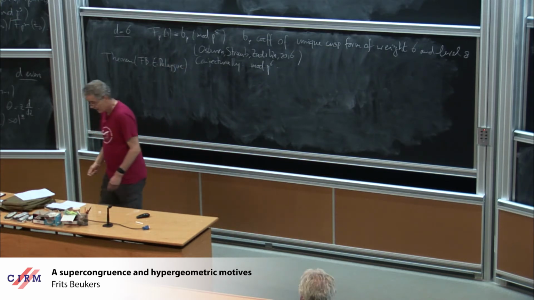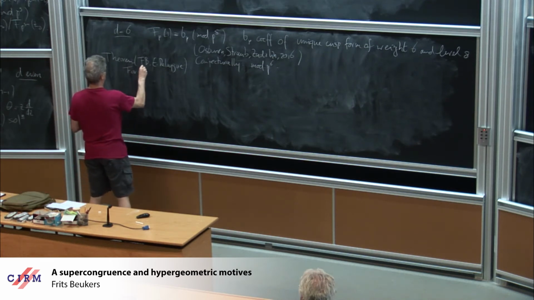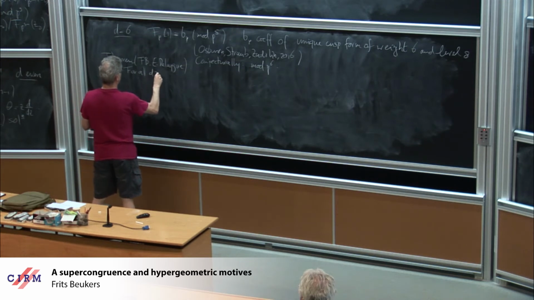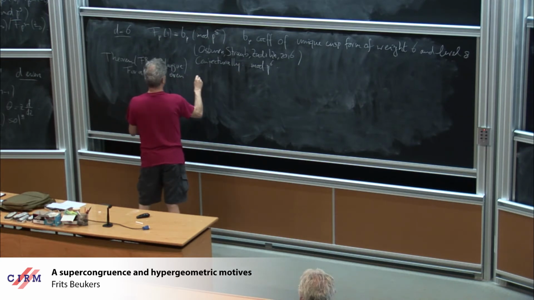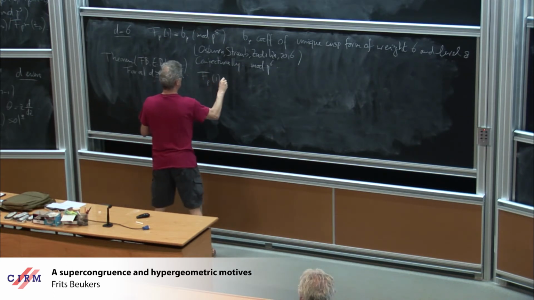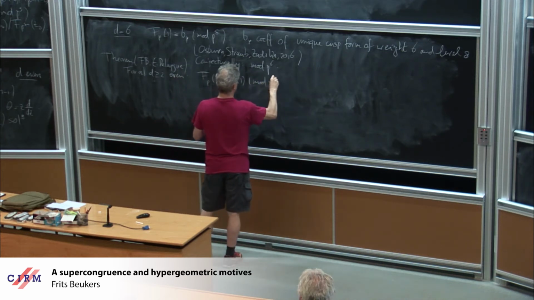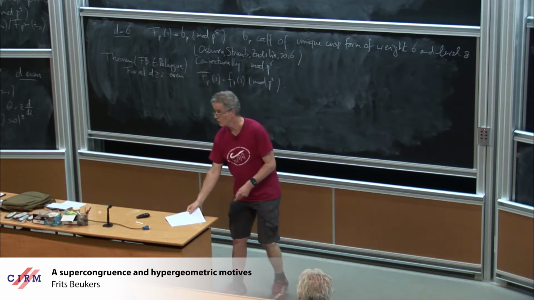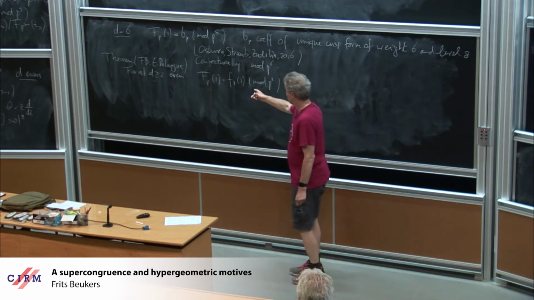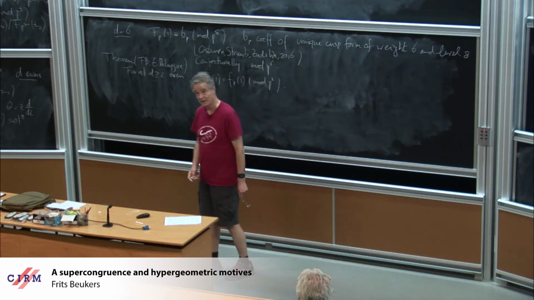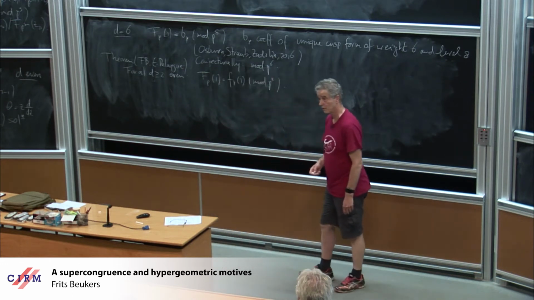We show that for all d greater or equal to 2, even, we have that fp of 1 is equal to fp of 1 modulo p to the squared. So we really get a supercongruence for all values of d, and this fp1 is this mysterious unit root that I introduced in the beginning, and we can actually show that this congruence holds.